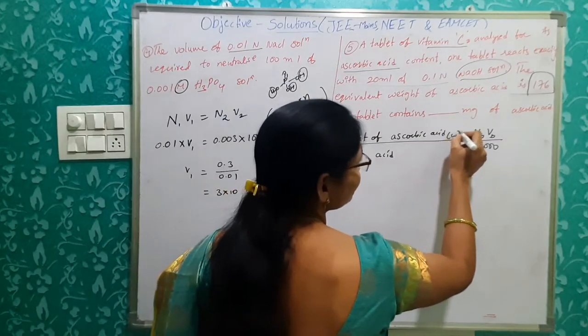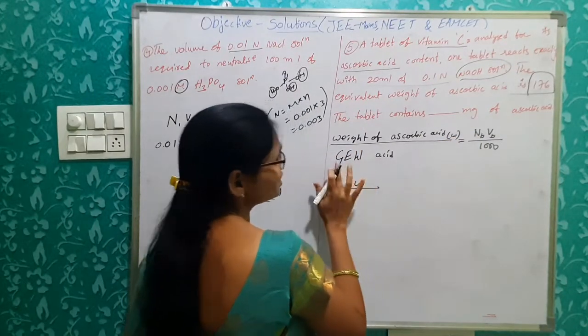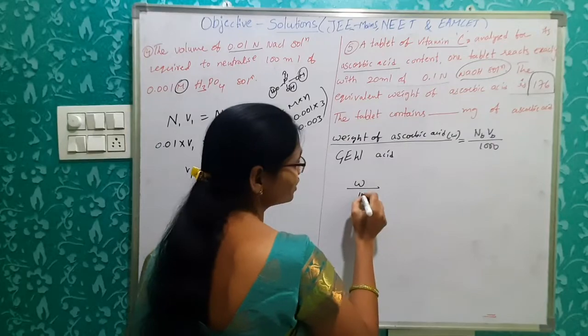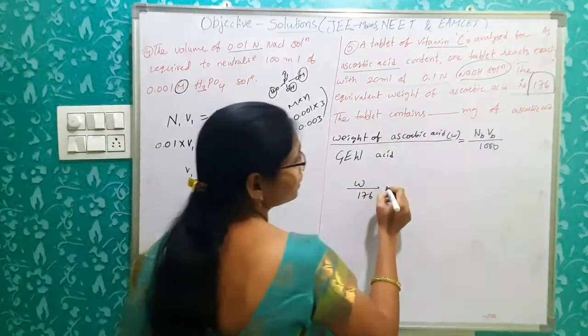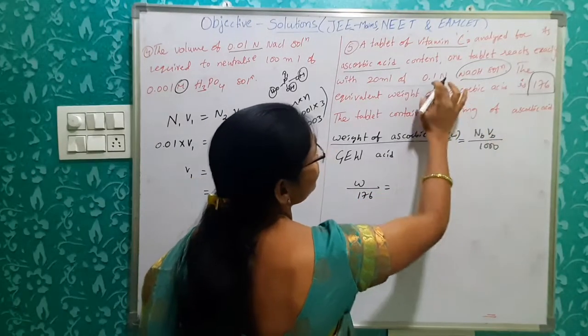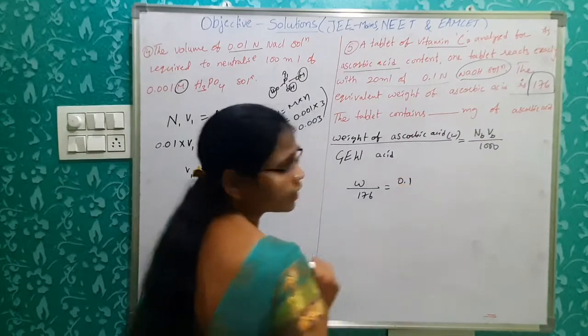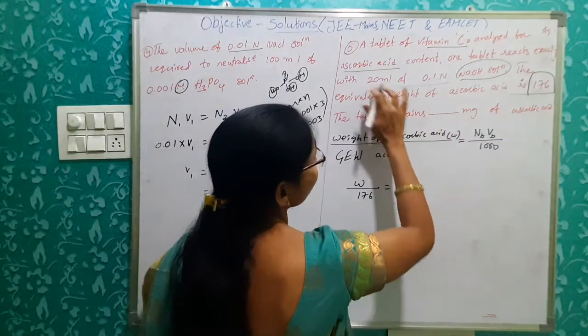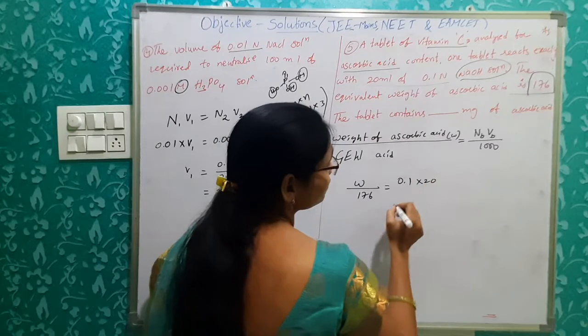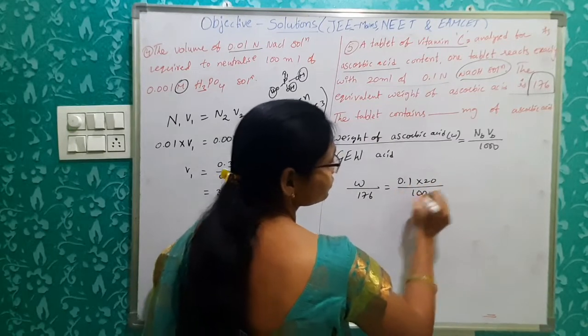We have to calculate this weight. You can take it simply as W. W by GMW, which is given as 176, is equal to the normality of base, given as 0.1, into volume of base, given as 20 ml, by 1000.